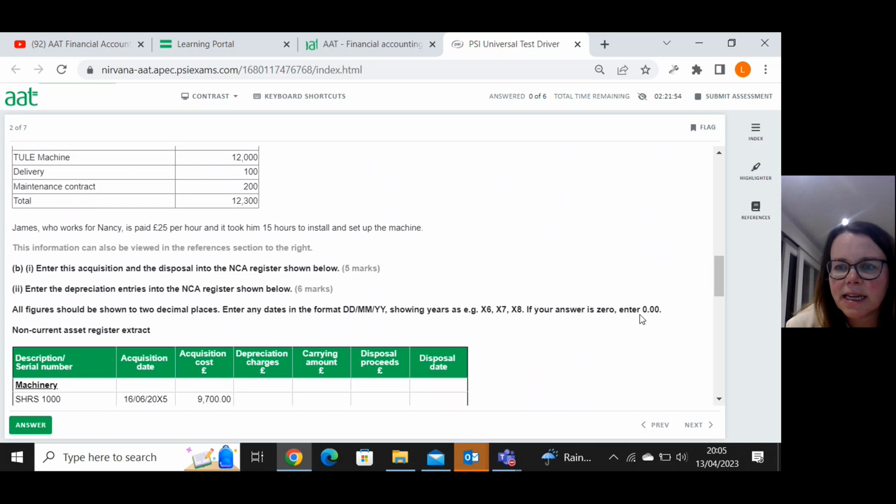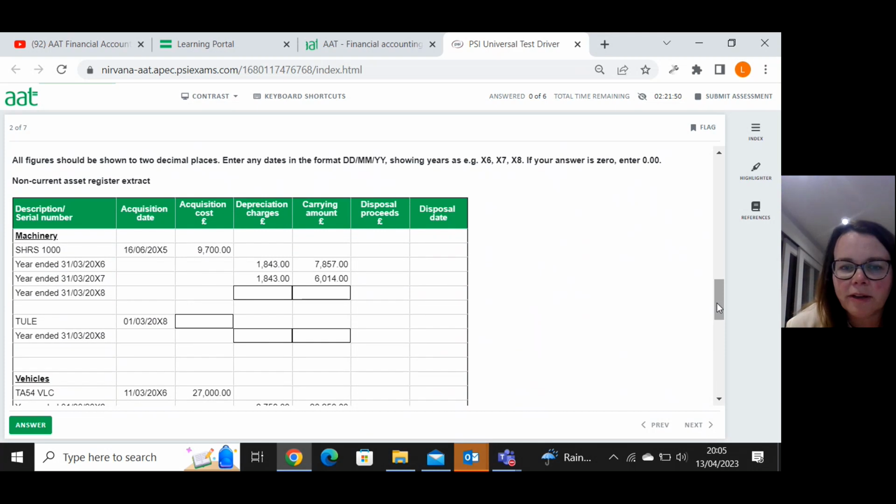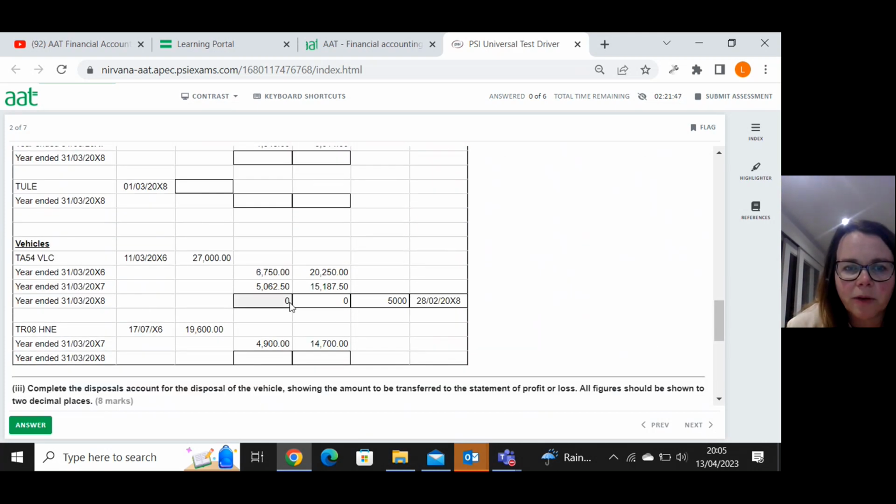If your answer is 0, enter 0.00. Right, so I'm glad I went back there because I should here have put 0.00, 0.00, and £5,000. Put the noughts in, and my date should have been written just in that format as instructed.